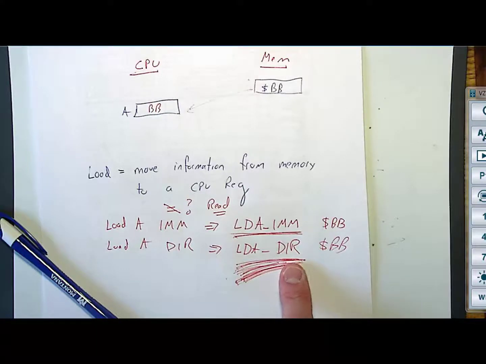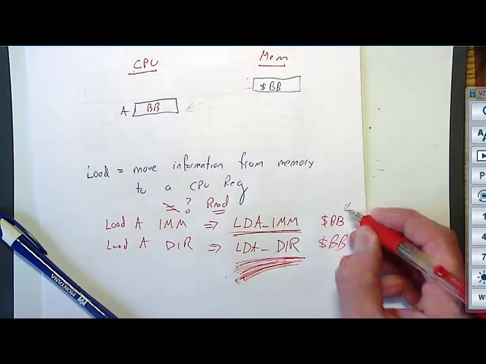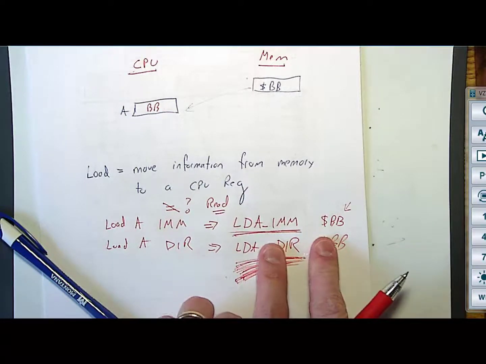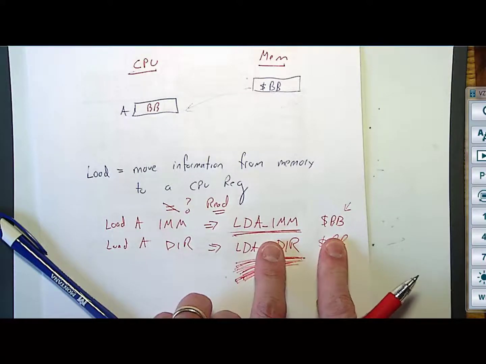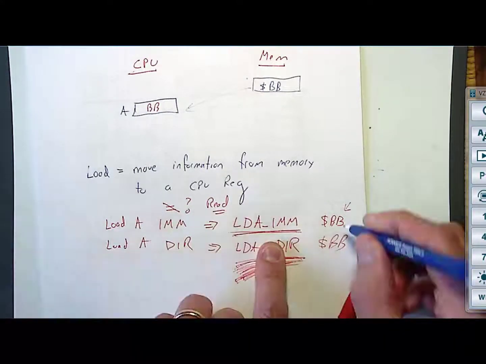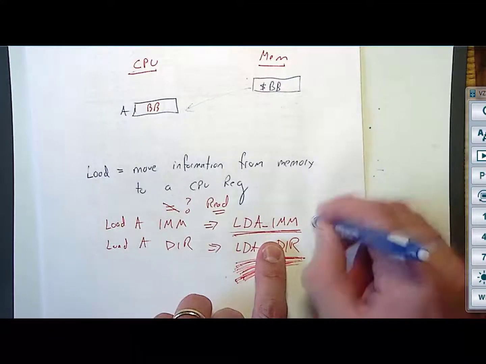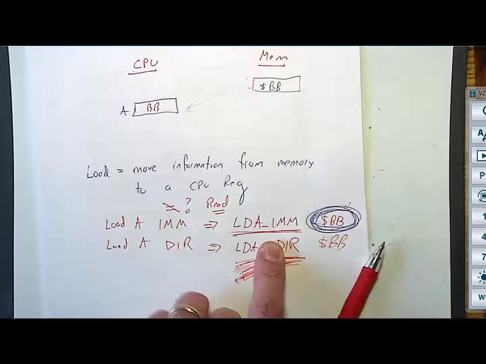Let me ask you a question. After I execute the first instruction, what will be in A? Load A immediate with BB. What will be in A? BB. Because the operand for an immediate addressing is the data that we'll use. Let me ask you this.